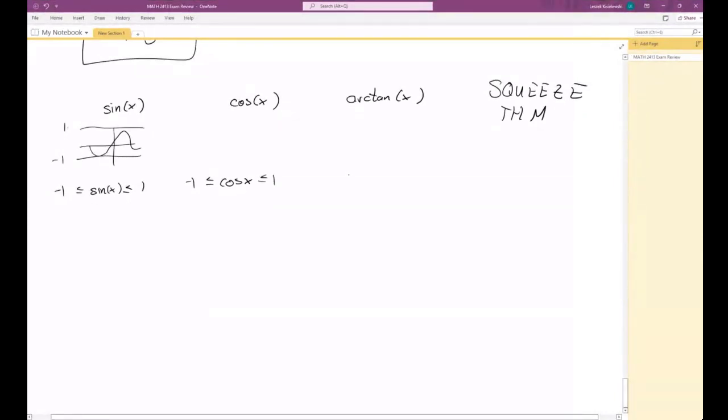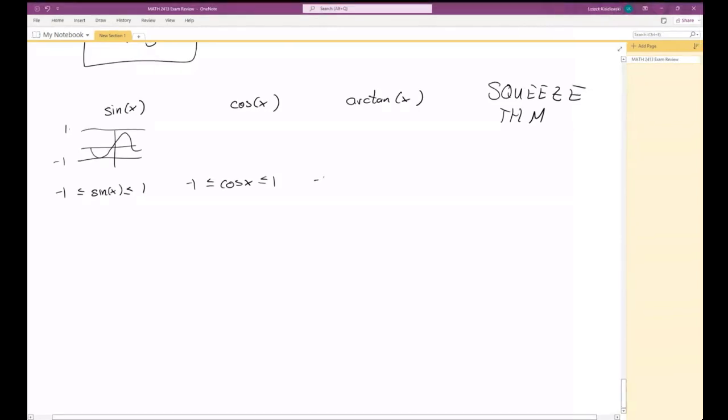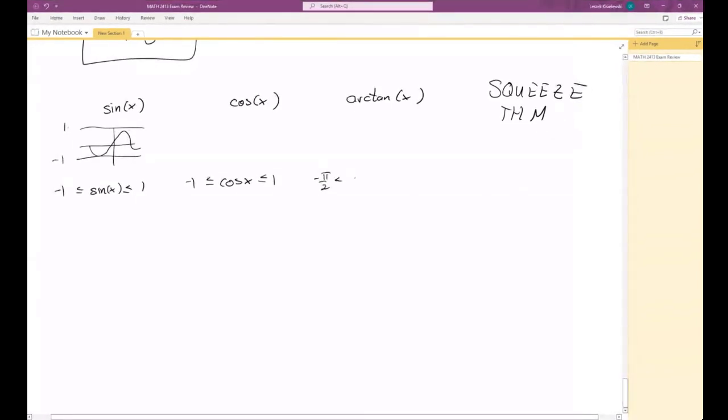And arctangent, as we looked at the graph of arctangent previously, we know that it's always a value between negative pi over 2 and pi over 2, right? So if you're anticipating and they tell you to use the squeeze theorem and you see sine, cosine, arctangent, that's a good starting point. All right.